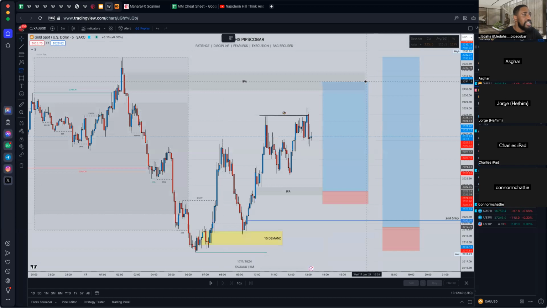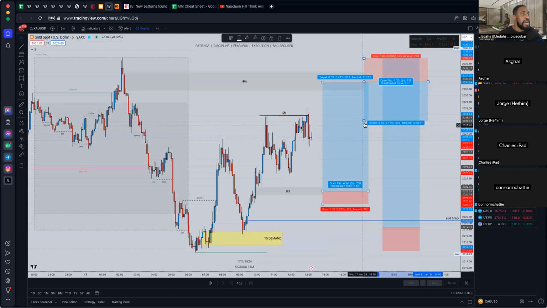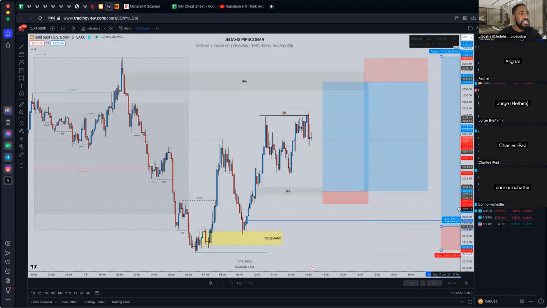Obviously my preferable option would be to buy gold right now. But if it comes into this area, and then I start seeing rejection candles, my stop loss will be in place here, just to sell it down into, one, this IPA, and two, this entry. That's how I'll go about that.